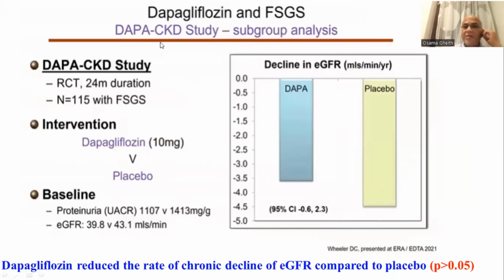Regarding the SGLT2 inhibitors, in a subgroup analysis in the DAPA-CKD study, they found that dapagliflozin reduced the rate of progression of CKD among these patients, but this was not significant.